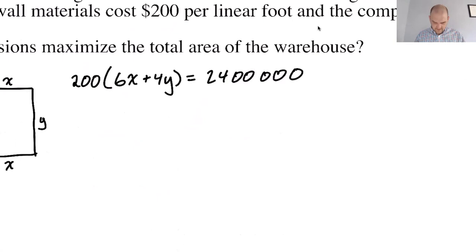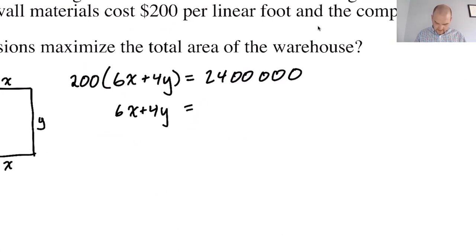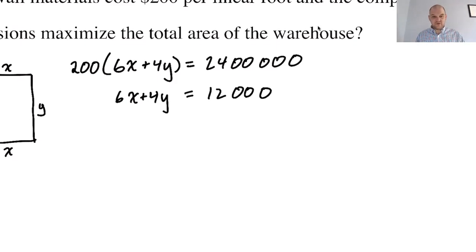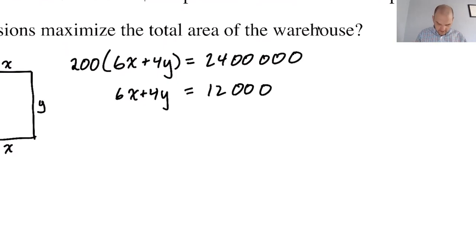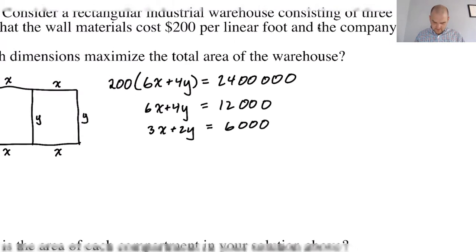I'm gonna divide by 2 and knock off 2 zeros. So I'll get 6x plus 4y. And then I can divide by 2 again, which I kind of feel like I should. 3x plus 2y equals 6,000. All right, that's sort of manageable.